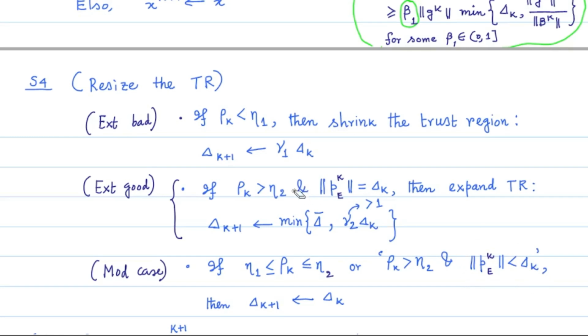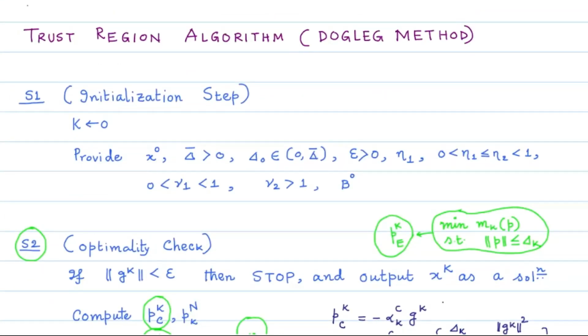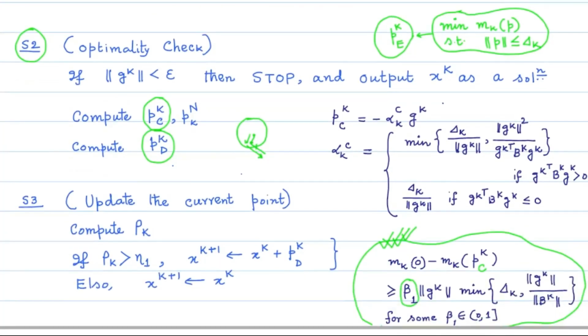These two portions are to be removed from this step 4, and if we employ the dogleg step instead of the exact trust region step, then we name this entire algorithm as dogleg trust region method. Let us now execute two consecutive iterates of a numerical example with the help of dogleg step.